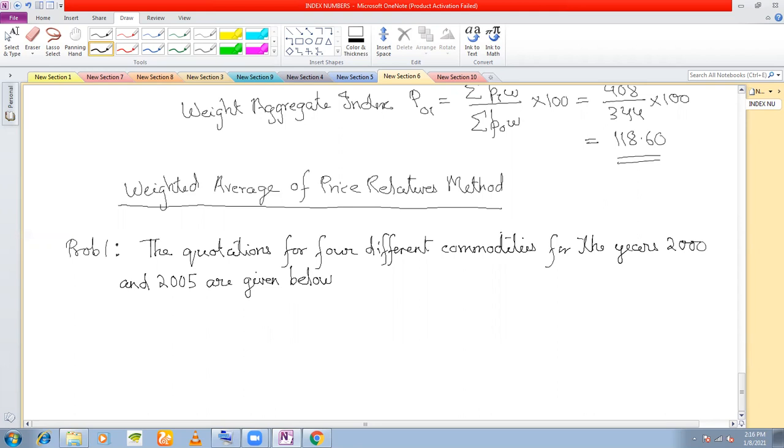Calculate the index number for 2005 with 2000 as the base year.